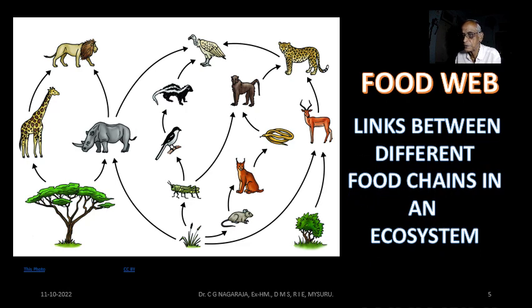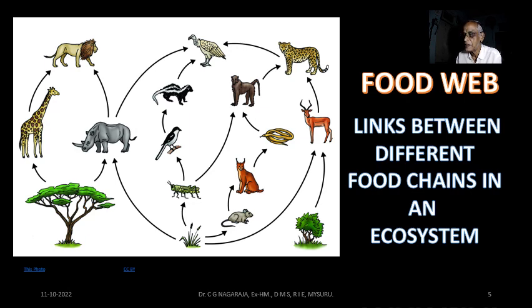Another concept you should try to understand is called food web. Links between different food chains in an ecosystem form a food web. Look at the diagram. In this one, you see green plants are the basic suppliers of the food. They are the producers.